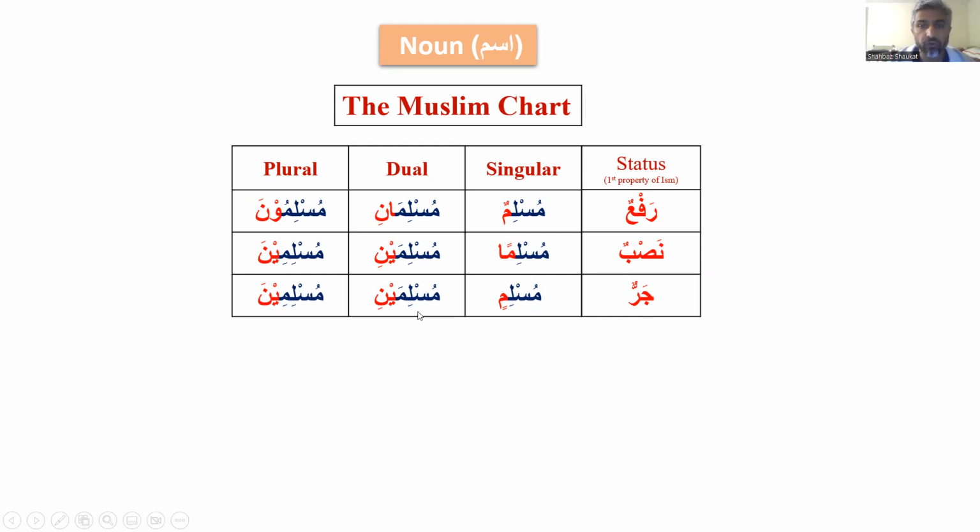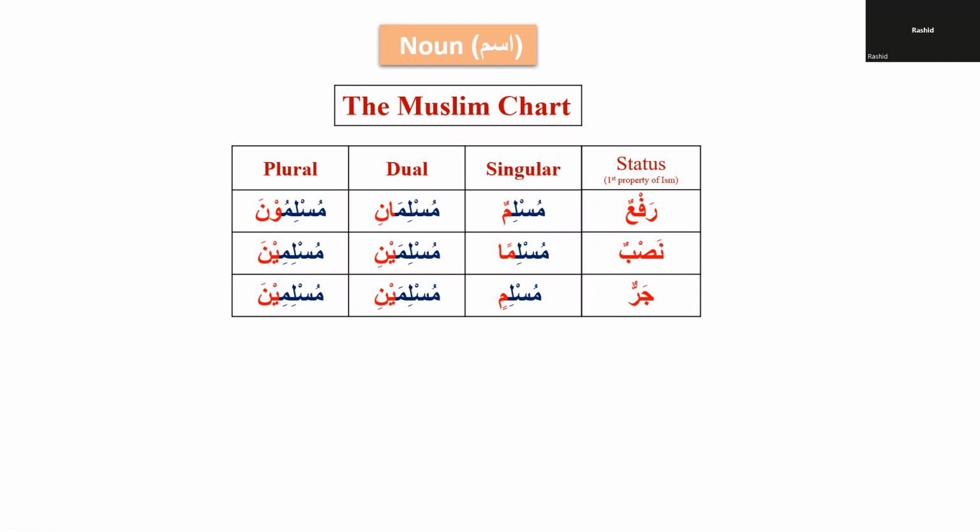All right, Aiza, how about duals? How would we know that a dual ism is Rafa, Nasab, or Jar? Do you know? Can you tell me? I changed the question. Muslimani. What is the status of Muslimani?